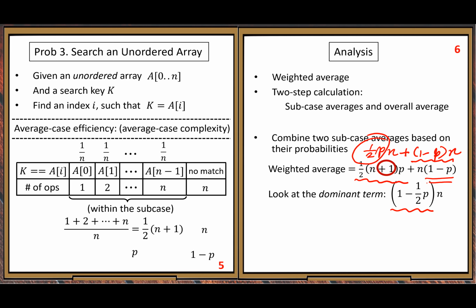So this whole thing together, we call the dominant term of this average case efficiency expression. The remaining are minor terms. Now sometimes we can ignore the minor terms.